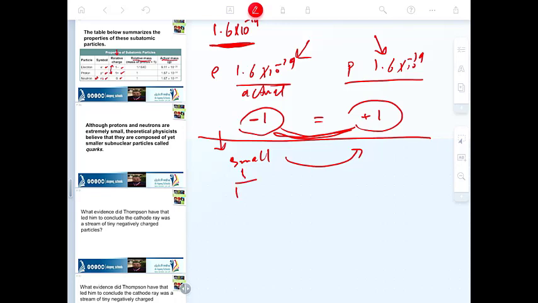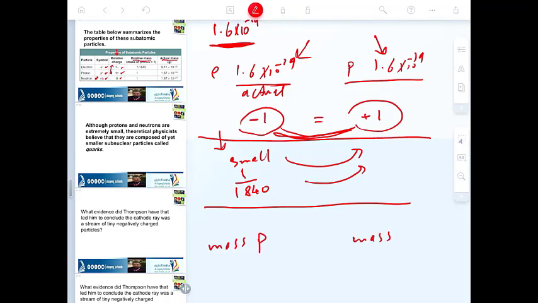The mass of one electron equals 1 over 1840 of the mass of a proton. But if you compare the mass of protons and neutrons, they are almost equal, though not equal in their charges. Protons carry positive charge and neutrons have no charge.